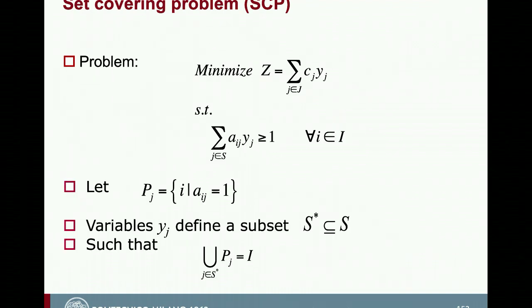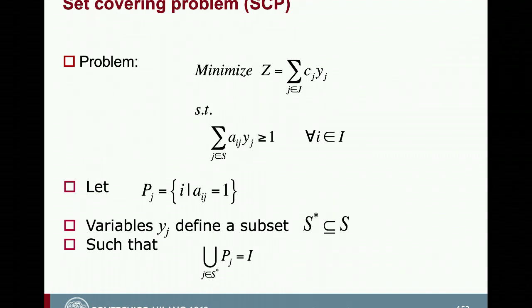So the problem is to minimize the sum over j of cj yj. This is the total cost, and cj is the cost for installing a base station in candidate site j. So cj yj is the cost associated to the decision of installing a base station in candidate site j.